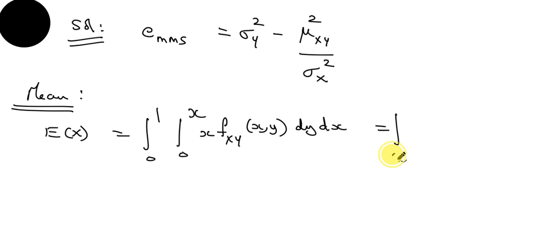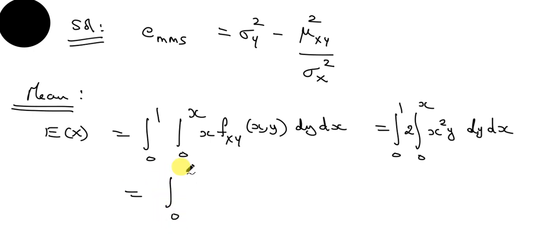So this becomes integral 0 to 1, integral 0 to x, 2 is a constant, we pull it outside, and multiply with xy, so x squared y, dy dx.